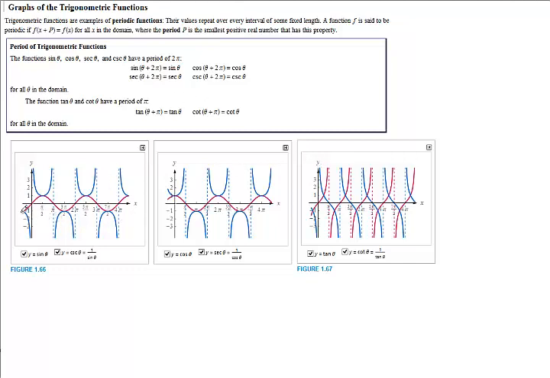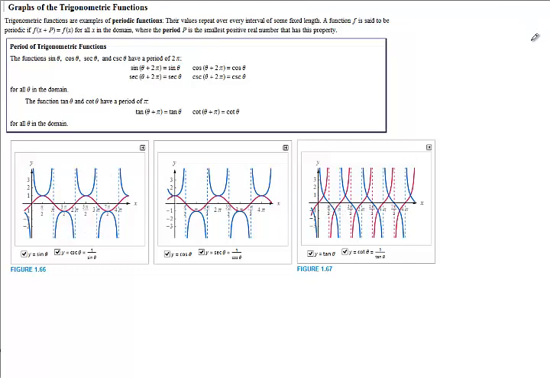Here's the graph of sine in red, and if I take those y values and take the reciprocal, because that's what cosecant is, here you'll see in blue those reciprocal values. Every time the sine was 0, 1 over 0 is undefined. That's why you have this huge vertical asymptote happening on all of those cases.